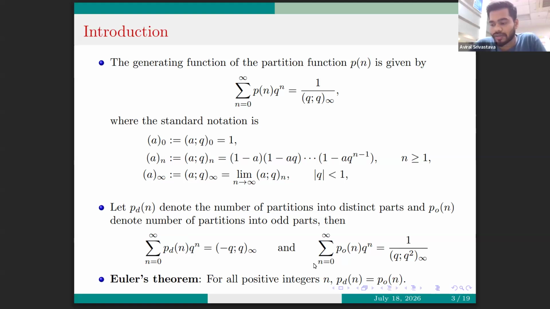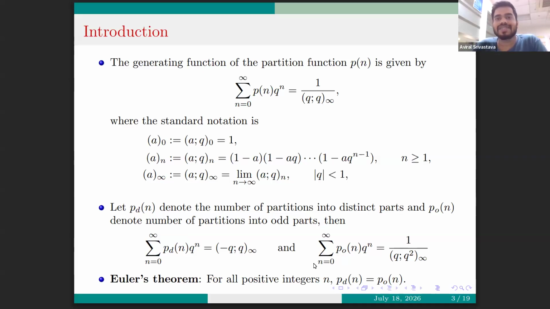Similarly, consider the number of partitions into distinct parts, where parts cannot repeat, say the partition of 6, 1 plus 2 plus 3, where parts are not repeating. Let pd(n) denote the number of partitions into distinct parts and po(n) denote the number of partitions into odd parts, where no even part can occur.